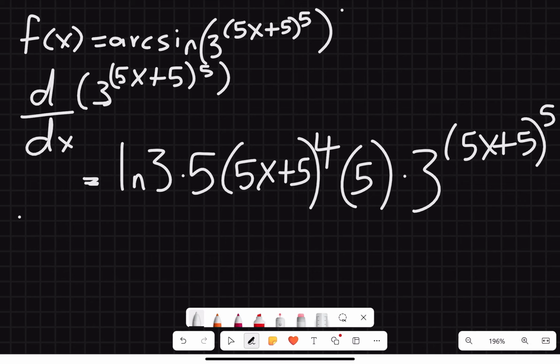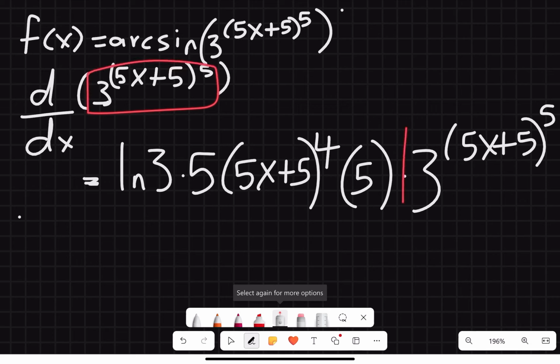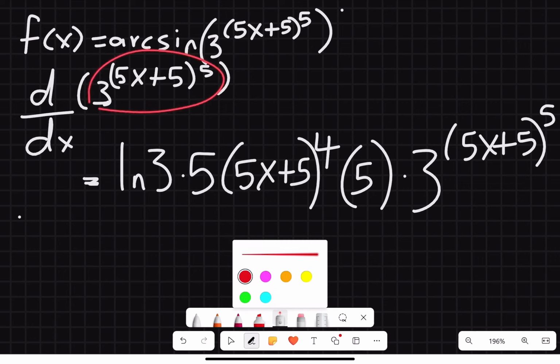So I'm going to repeat this. You do the ln of the base, and then you take the exponent, you derive it, which gives you this guy, and then you keep whatever you had originally. So it's a 3-step process to derive an exponential expression. And obviously to derive this, we have to use a chain rule.